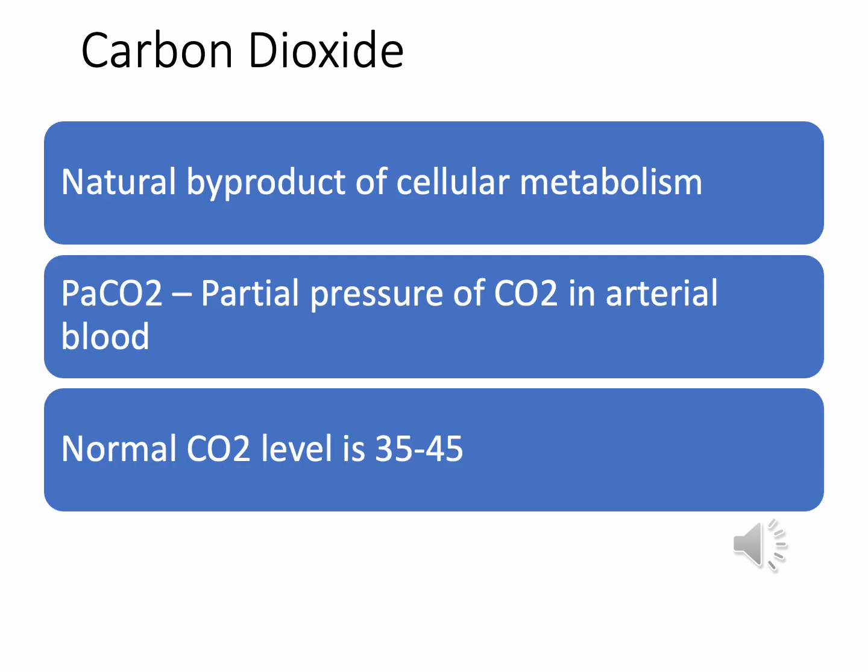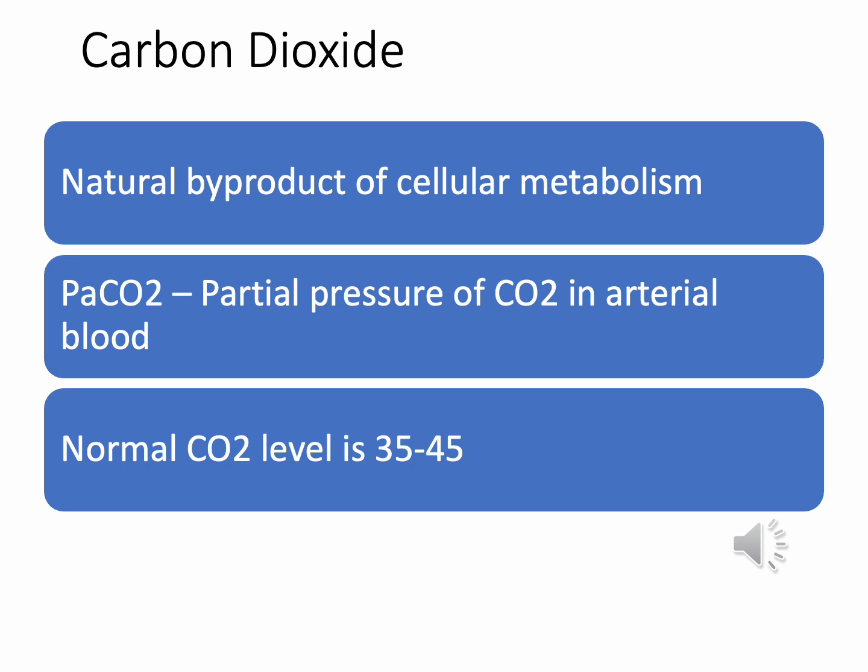Carbon dioxide is the natural byproduct of cellular metabolism and is measured by the PaCO2 levels, which indicate the partial pressure of carbon dioxide in the arterial blood. The PaCO2 is used to evaluate the respiratory component of acid-base balance. Primarily regulated by the ventilatory function of the lungs, normal arterial carbon dioxide levels are 35 to 45 millimeters of mercury.